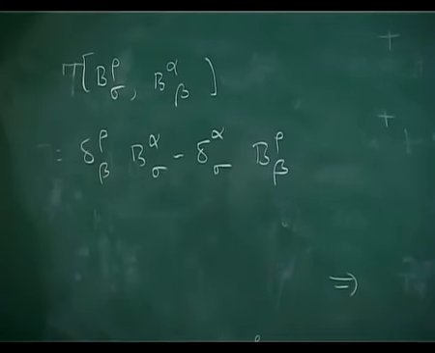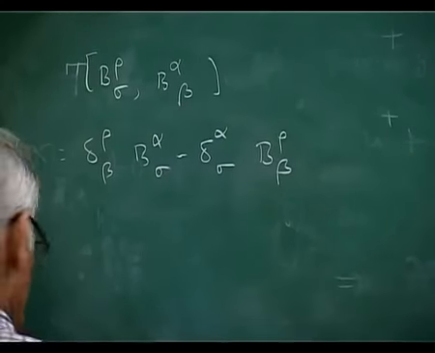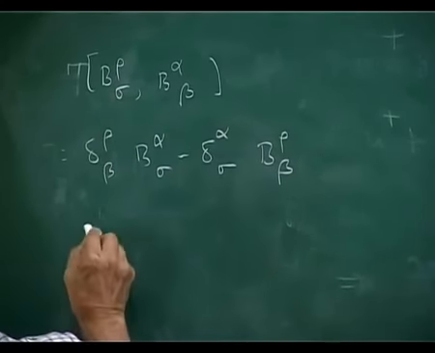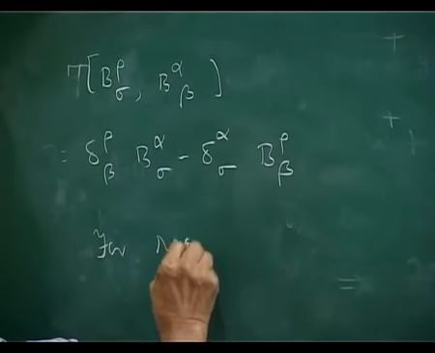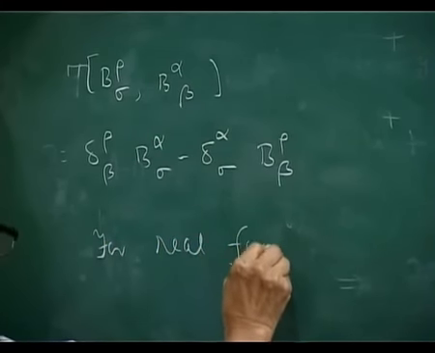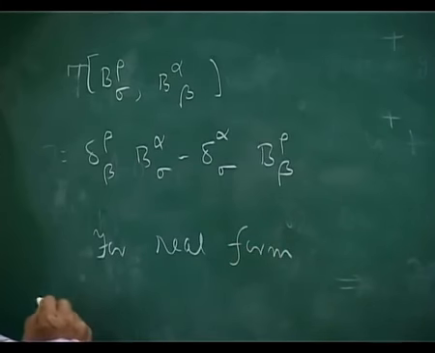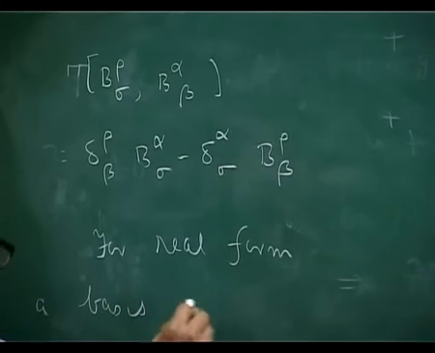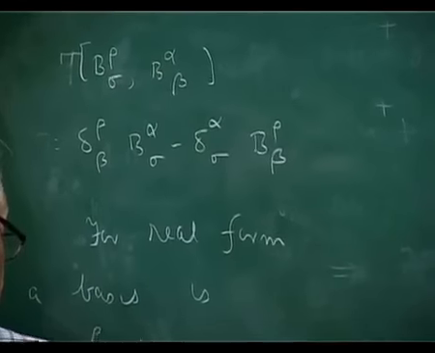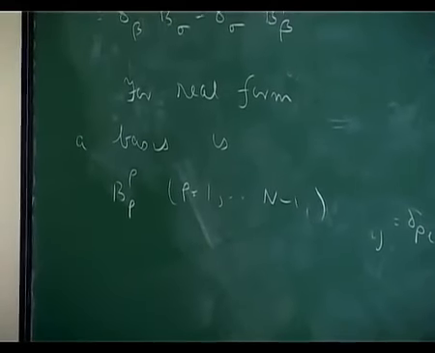For the real form, that is for SUN, a basis is, we just take B rho for rho equal to 1 up to, say, n minus 1. The nth one is given by the previous ones.